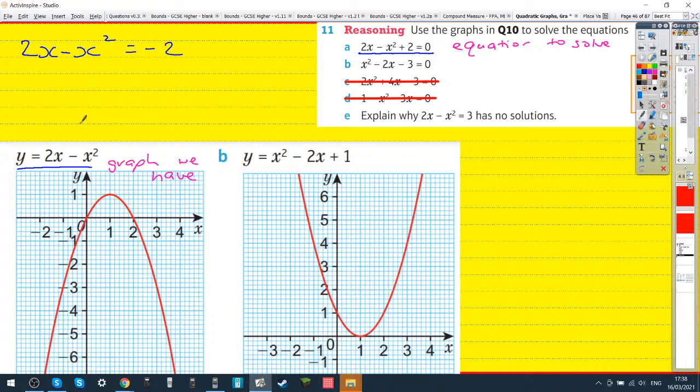Okay, so on y is minus 2, the x is either 2.7 or 2.8.